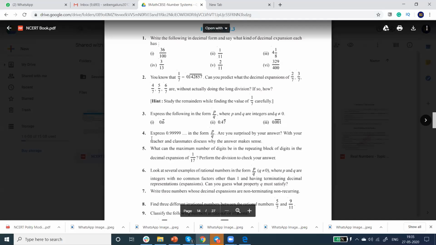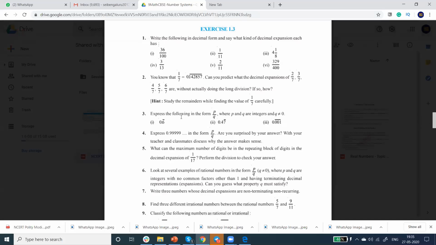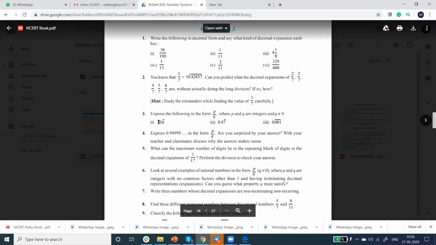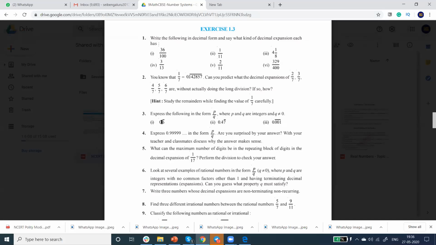In example 3, express the following in the form of p by q, where p and q are integers. Now the first one, 0.6 bar. How can you solve? Let x equal 0.6 bar.